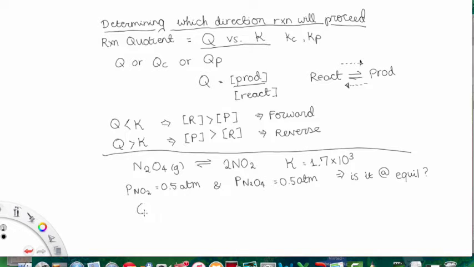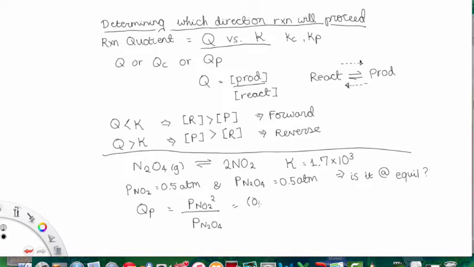So let's do that. QP, since we're talking about gases, let's use the partial pressures. It's going to be the partial pressure of the product, NO2. Remember, there's a coefficient of 2, so we're going to square it, over the partial pressure of N2O4.